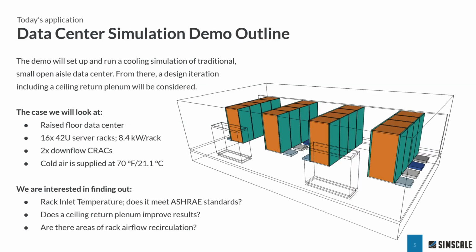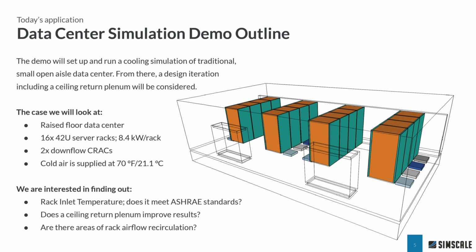I want to give an overview of today's actual data center. What you see on the right is the geometry we will be working with today. This is a raised floor data center with about a 1.5 foot raised floor plenum. We've got 16 racks here, servers, or 16 cabinets, I should say, and each one of them has 42 U's.